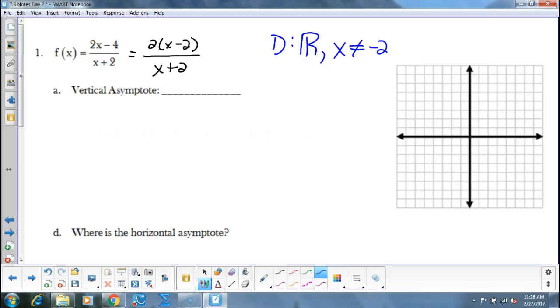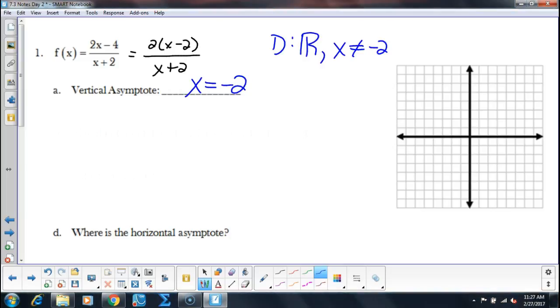For you original Ghostbusters fans, dogs and cats living together, mass hysteria. Okay? So, what does that mean in terms of vertical asymptotes? -2 is a number. X equals -2 is a vertical asymptote. Okay? So how does that then go onto my graph?